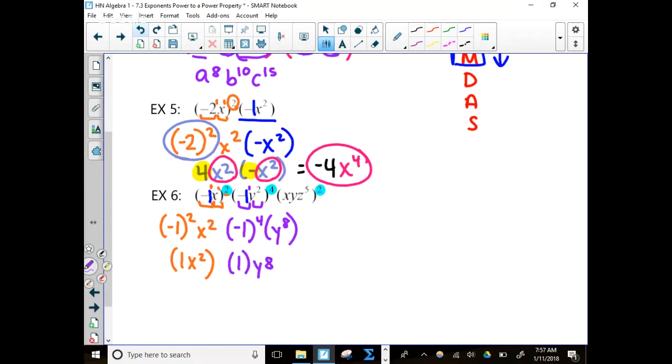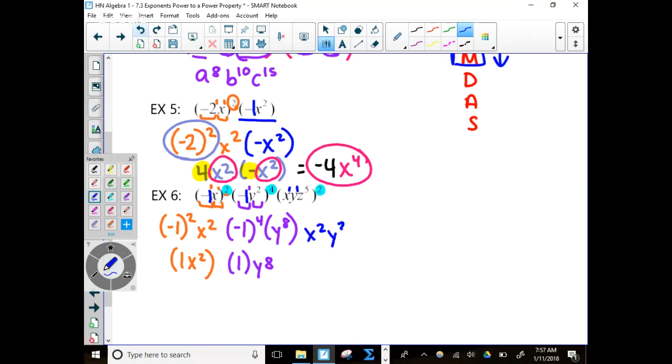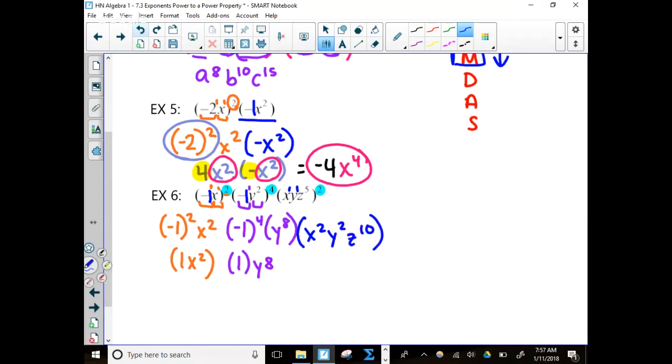Y to the 8th. And then we got that last grouping. 1 here, 1 here. x squared, y squared, z to the 10. So I'm going to just bring that down.